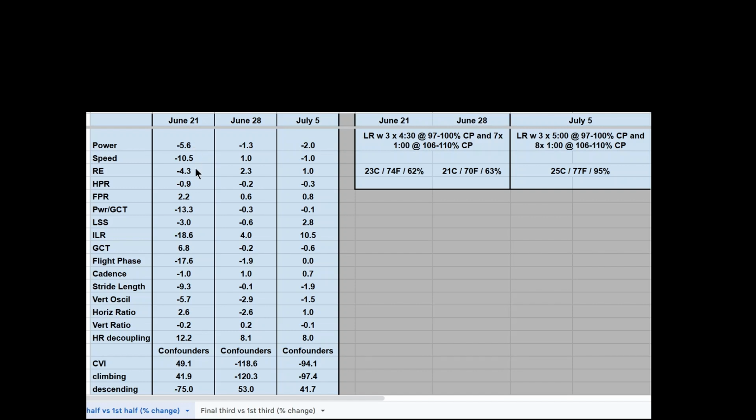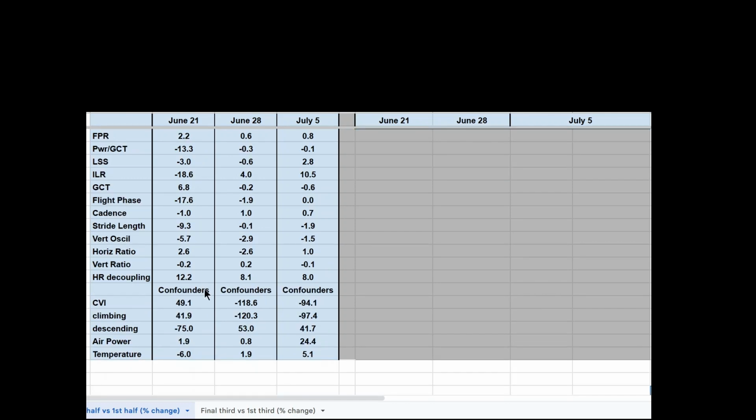Now, part of that dynamic there, particularly running effectiveness, is that the course was a little bit more hilly in the second half than the first half. He did a little bit more climbing, a little less descending in the second half versus the first half.